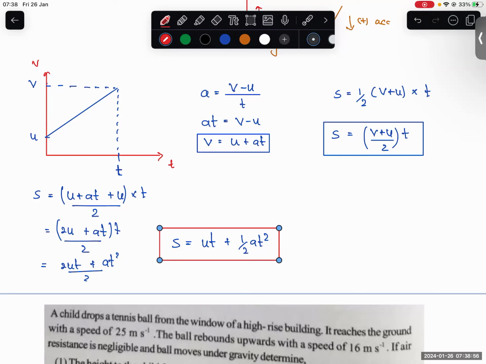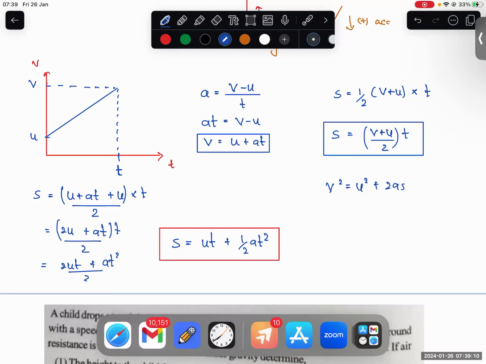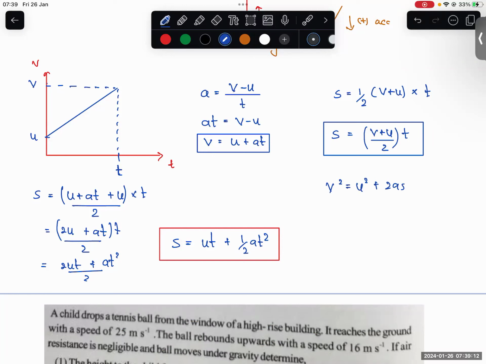There is another equation. What is the equation? You tell me the end product. That is v squared is equal to u squared plus 2as, right? Can you hear me? Yes, sir. So to get this, what should you substitute for what? What is the method, in which equation?